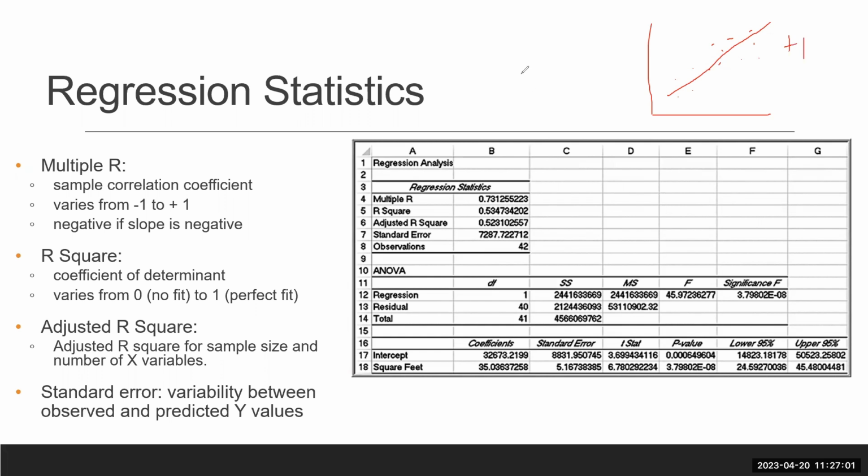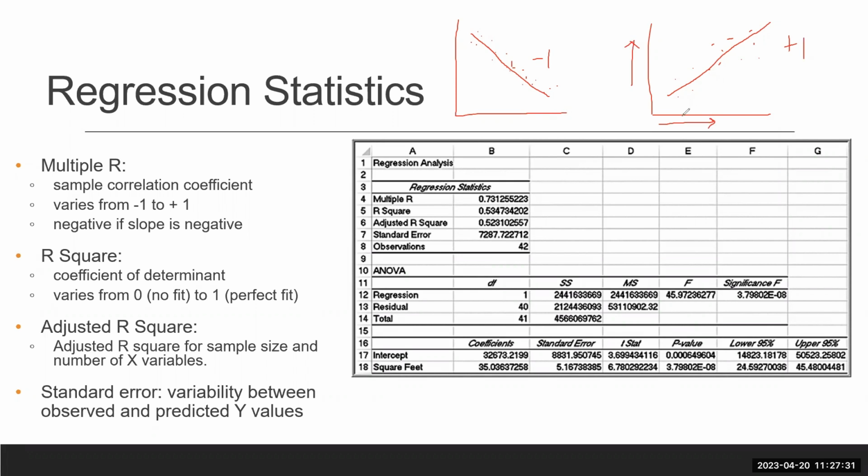When you've got a multiple R value that is -1, it's going to look like this. This is going to be close to -1. -1 means it's sloping down, +1 means it's sloping up, which means that +1 means that as X increases, Y increases.